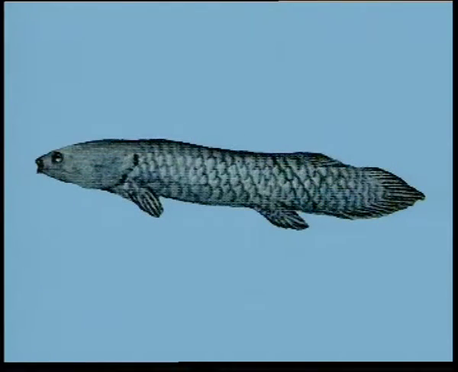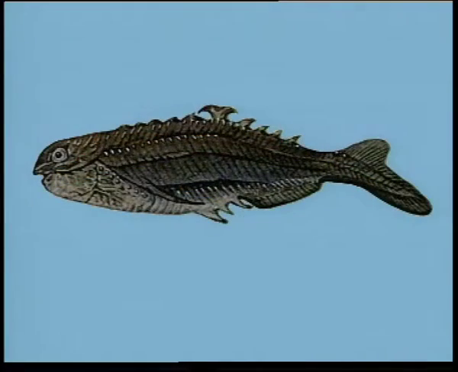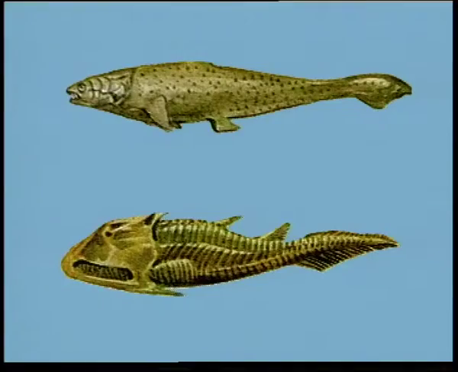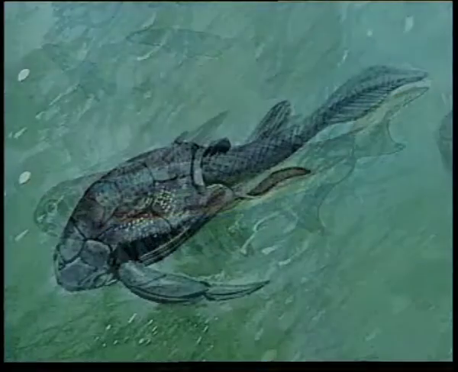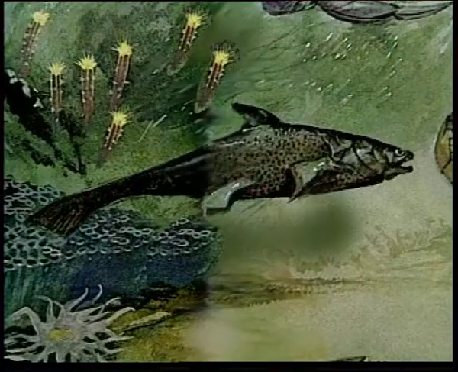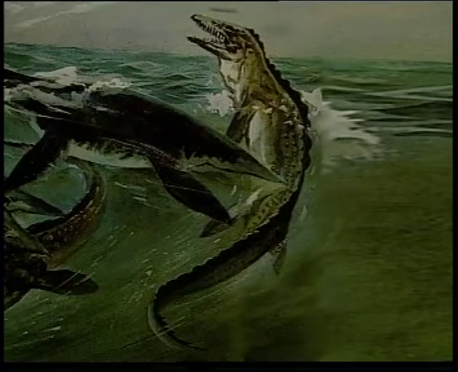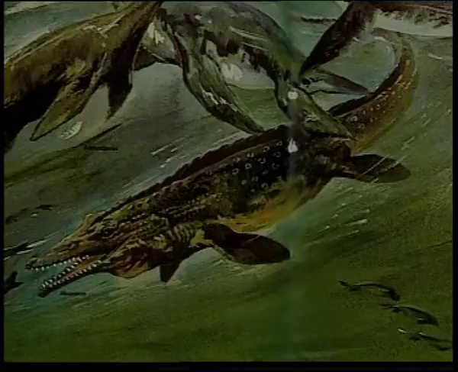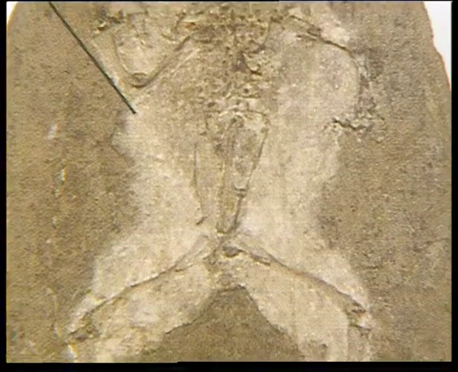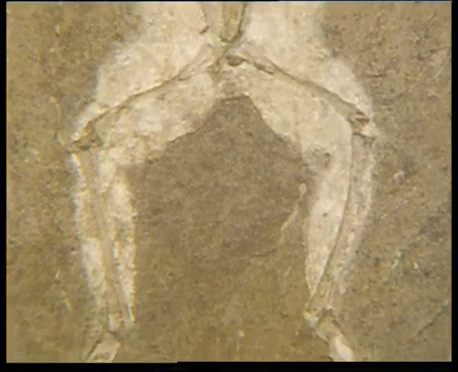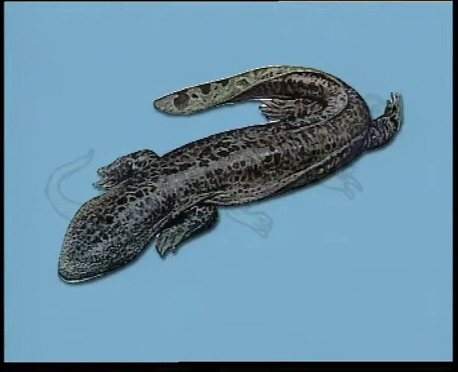The Jurassic period witnessed evolutionary diversification of bony fishes, which culminated in their dominance of the sea. Frogs, salamanders, and lizards first appeared.